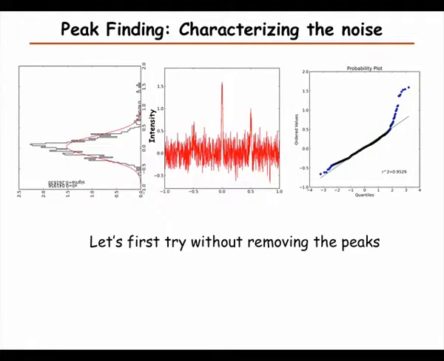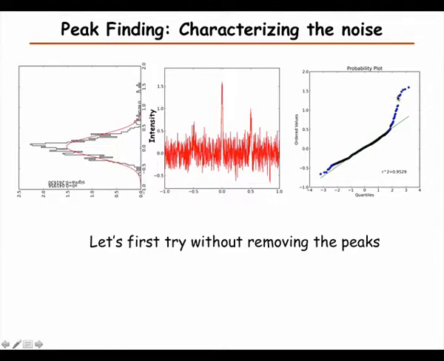So we can plot the histogram that looks pretty reasonable, but of course we have some outliers at this end, which are the peaks. And when we do the probability plot, we get quite okay correspondence here, but because we left the peaks in, we get a deviation here.